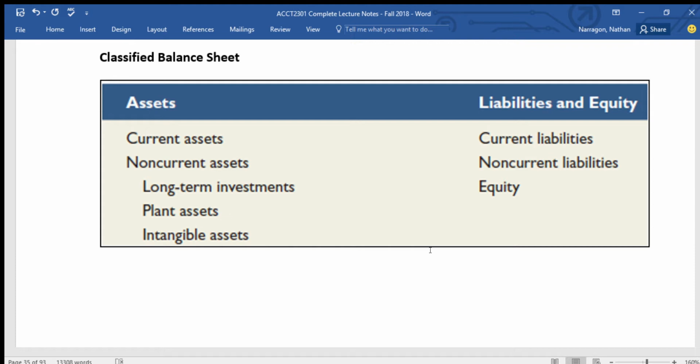Non-current assets are basically anything that's over a year. So, long-term investments: if I invest into a company itself, that would be a long-term investment. Plant assets, fixed assets basically, and intangible assets. These are assets I can't really physically touch, like trademarks, patents, and copyrights. On the other hand, you have non-current liabilities.